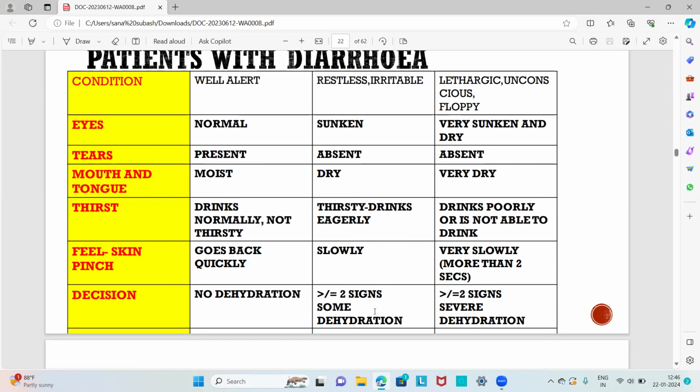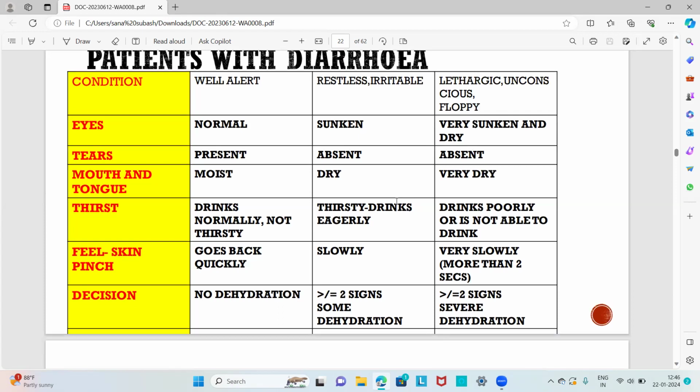Then another category is that the condition of the child is lethargic, unconscious or floppy, the eyes are very sunken and dry, the tears are absent, the mouth and tongue are very dry, and the child drinks poorly or is not able to drink.